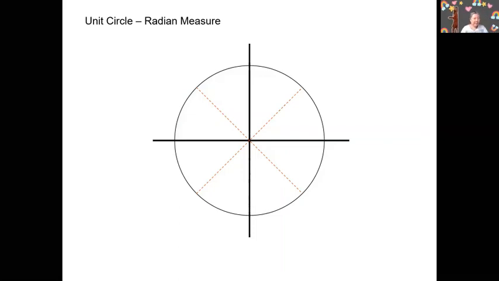So if we divide this unit circle situation on a quadrant into 4 even pieces from 0 to pi, then the first piece we'll measure is pi over 4, 1 piece of pi over 4, because it's 4 even pieces from 0 to pi position.